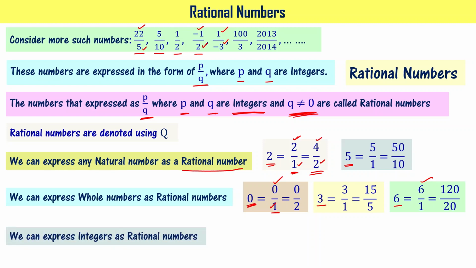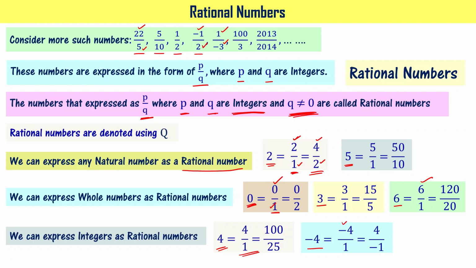Similarly, we can express integers also as rational numbers. 4 is an integer. It can be written as 4 by 1 or 100 by 25, right? Or 40 by 10. So in this case, we have expressed an integer as a rational number, right? You see, minus 4 is an integer. It can be written as minus 4 by 1.